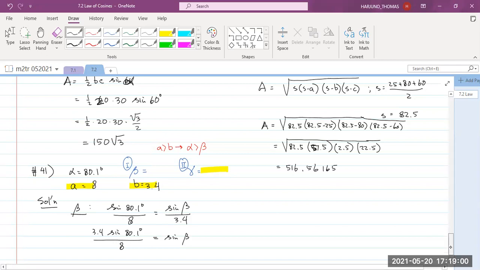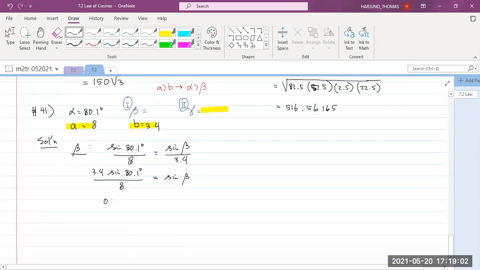That is 0.41867, equal to sine beta. So beta 1 is the inverse sine of 0.41867. That's 24 something.